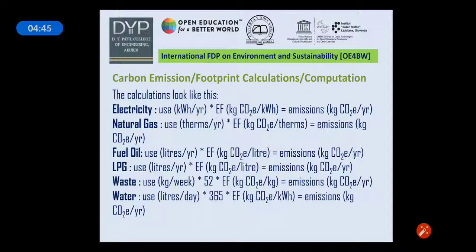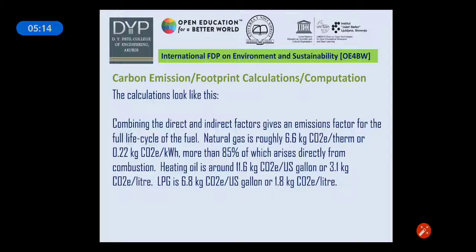Here you can see that the electricity we use in kilowatt hours per year is multiplied by EF. EF is the emission factor, and for different categories there are different emission factors. By multiplying that by the complete use, we get the total CO2 emission in kg per year. Similarly, we can see it step by step for all the things.